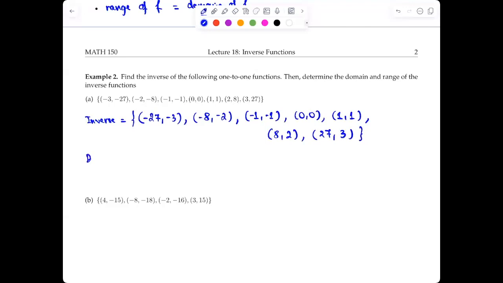Now the domain of the inverse is going to be -27, -8, -1, 0, 1, 8, 27.